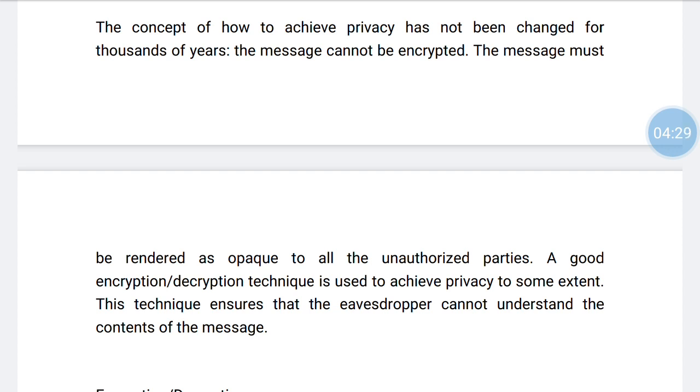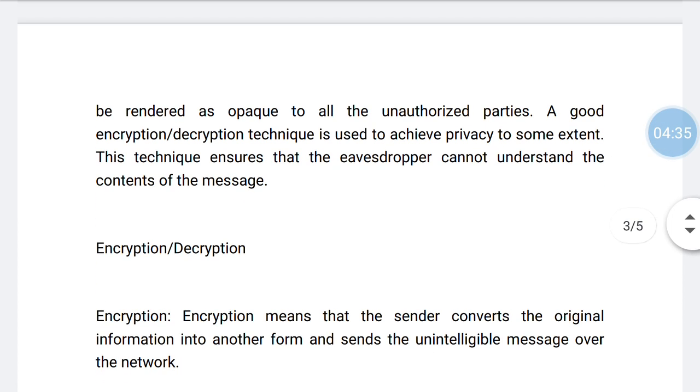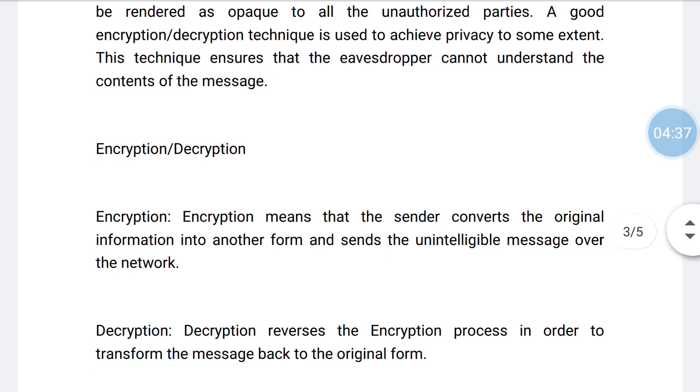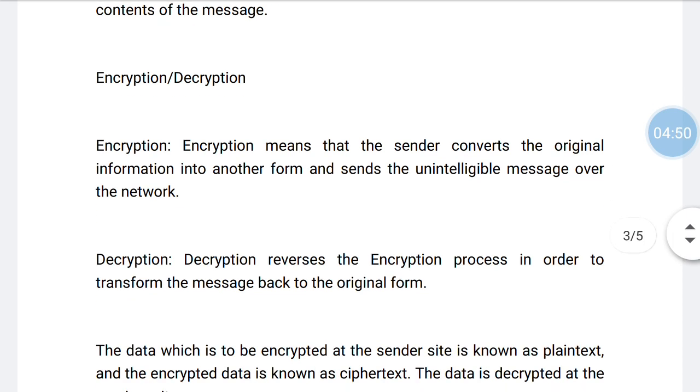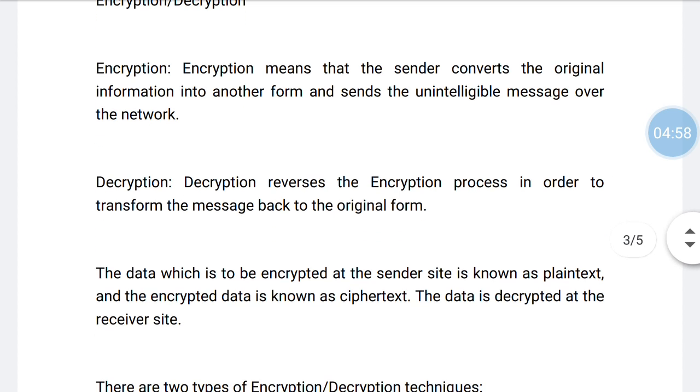This technique ensures that the eavesdroppers cannot understand the content of the message. Encryption means that the sender converts the original information into another form and sends the unintelligible message over the network. Decryption means reversing the encryption process in order to transform the message back to the original form.